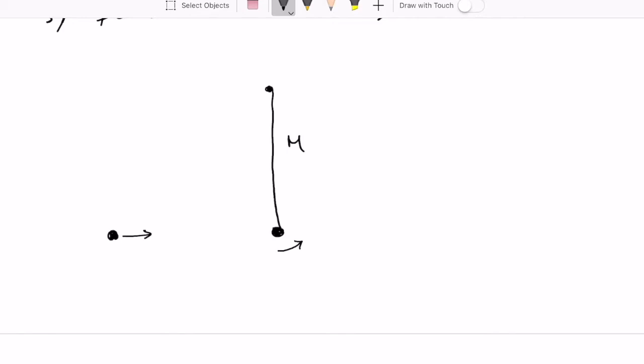So remember that conservation of angular momentum applies when the net torque of a system about a certain reference point is 0. When the net torque is equal to 0, L is conserved.